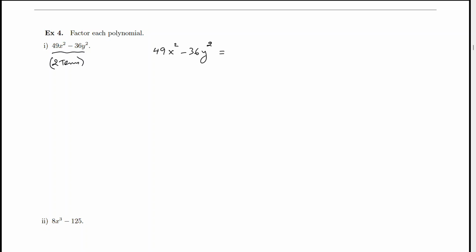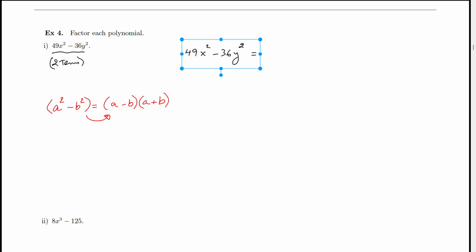And on the first page of this handout, we have some formulas, and one of them is called the difference of squares. The formula is a squared minus b squared is supposed to be factorable, and it factors into a minus b times a plus b. So if you have a base that is squared and another base squared with a minus in the middle, you can directly factor it out using this formula. And so in my case, it seems like I have 2 bases being squared.